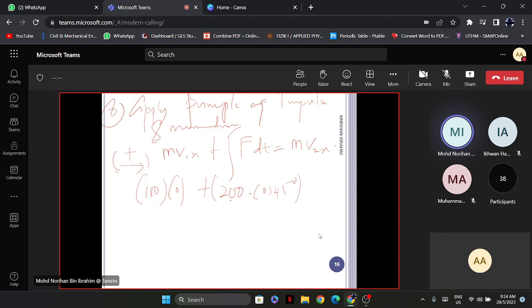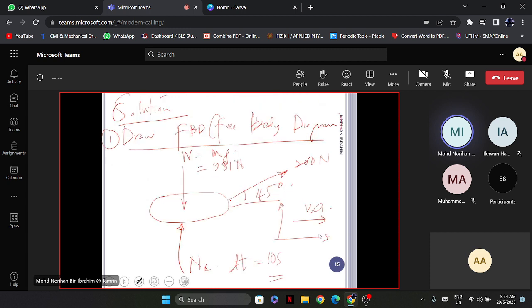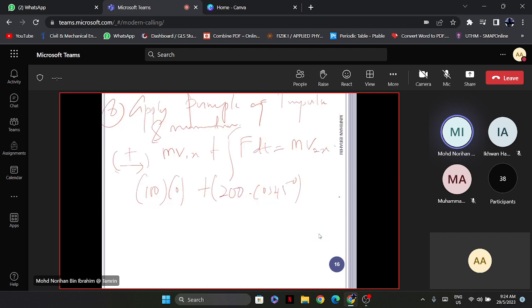What else in the x direction? Only this one, because NC and W are in the y direction. So we only have this 200 Newton external force.